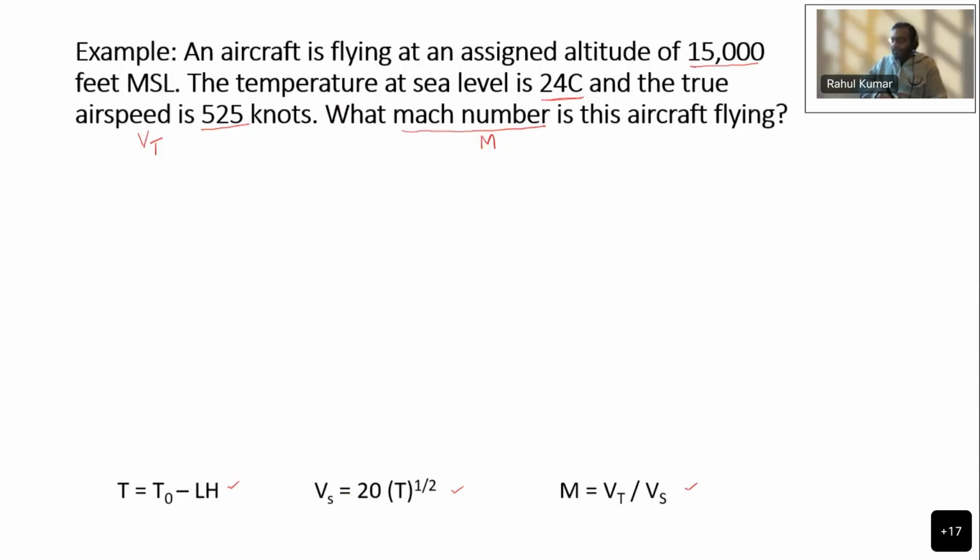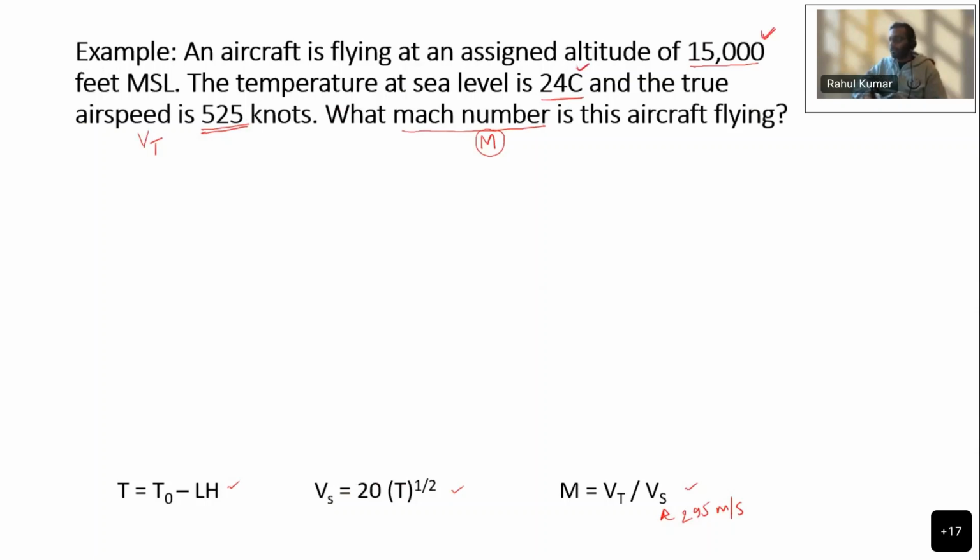Now if you were just given the true speed and asked to calculate the Mach number, you could have assumed the speed of sound to be 295 meters per second. But in this question, you are given the altitude and the temperature at sea level, T0.